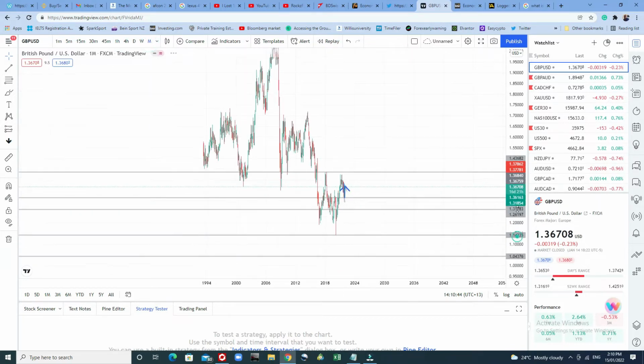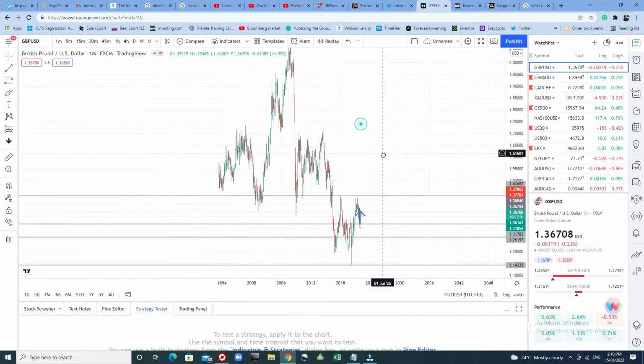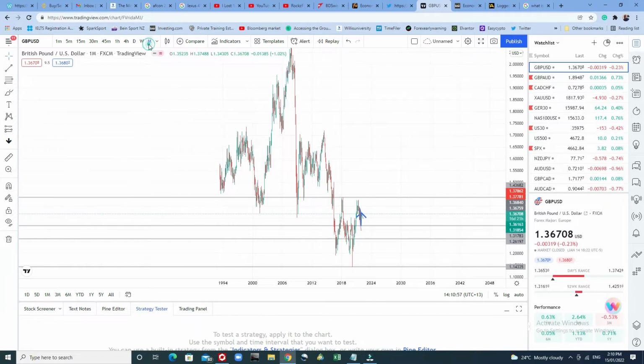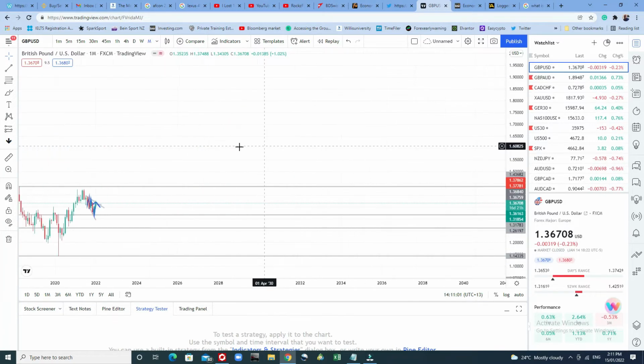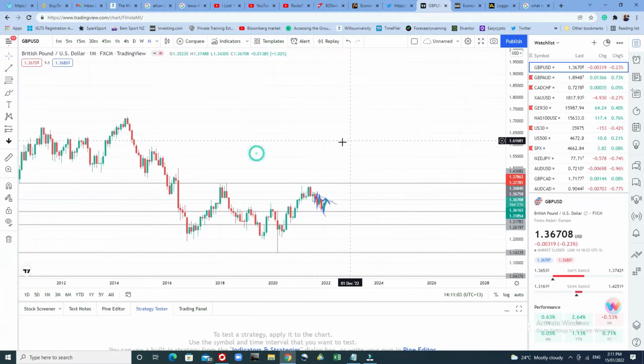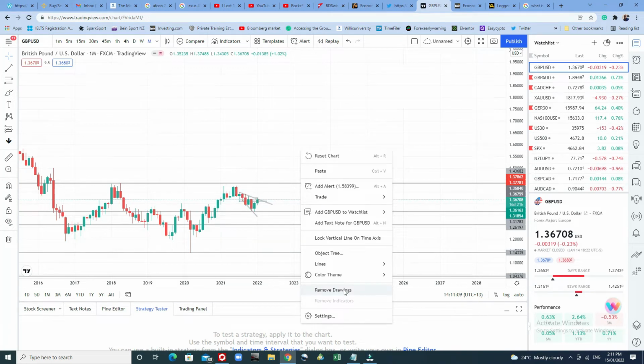So in this video we're going to start explaining what we mean by top-down analysis before I go over to trend lines. Now I'm on a 1 month time frame and I'm going to explain this. On a monthly time frame, first of all, I'm going to clean all those previous lines I've drawn.